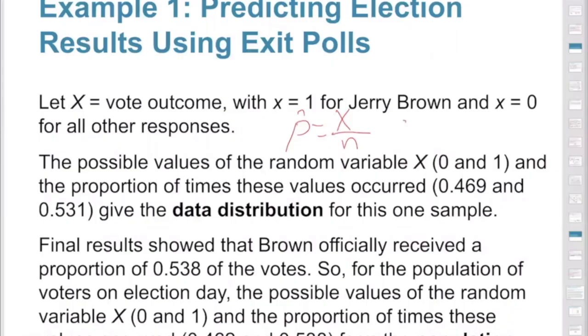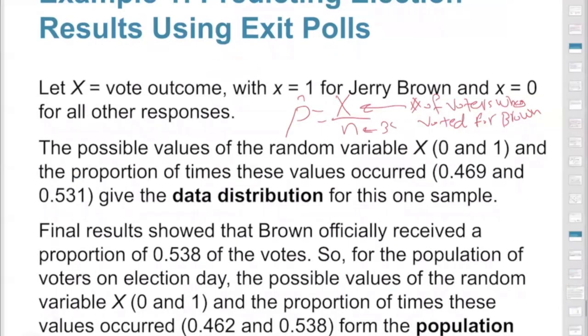So X here will be the number of voters who voted for Brown, because this is what we are interested in, divided by the sample size, 3,889.